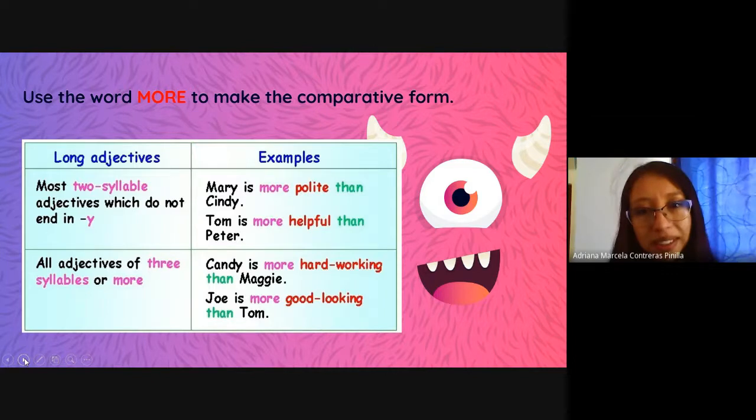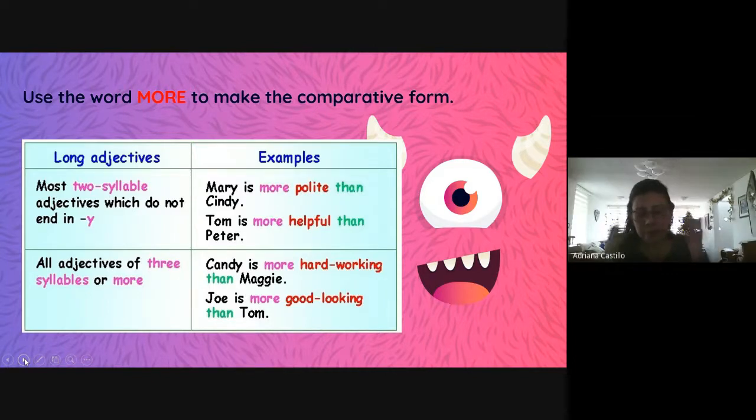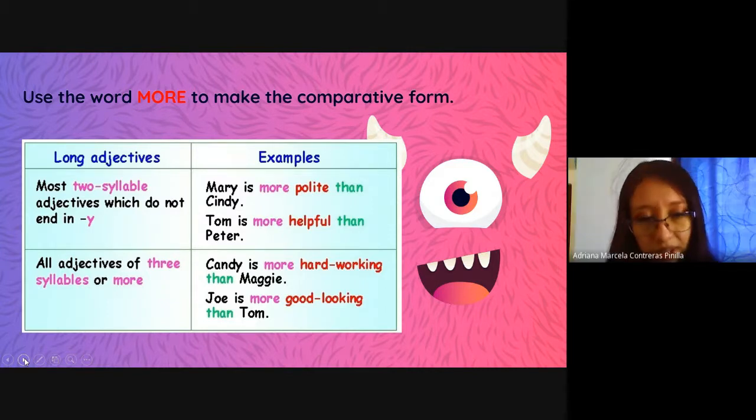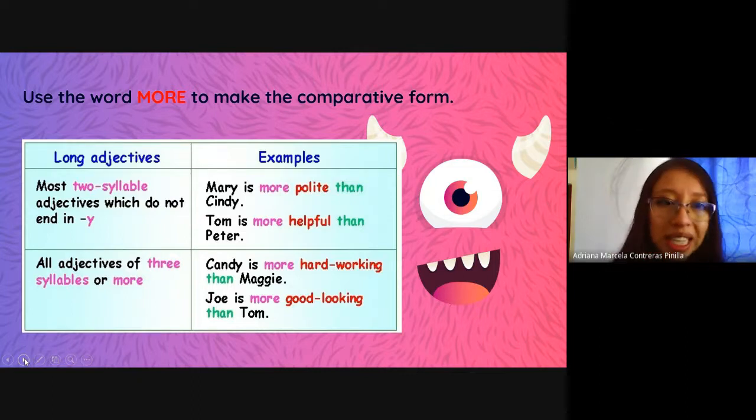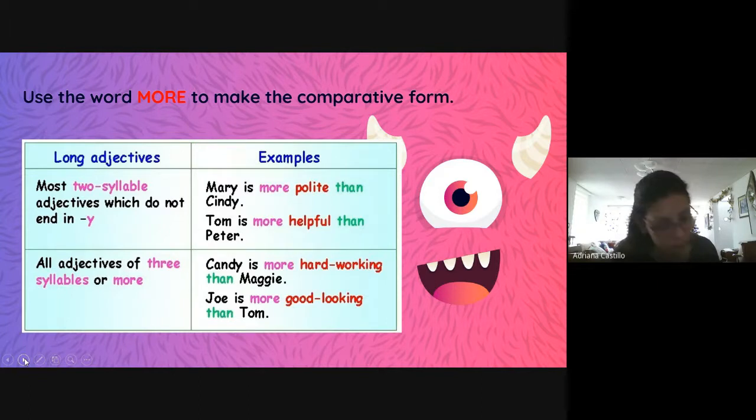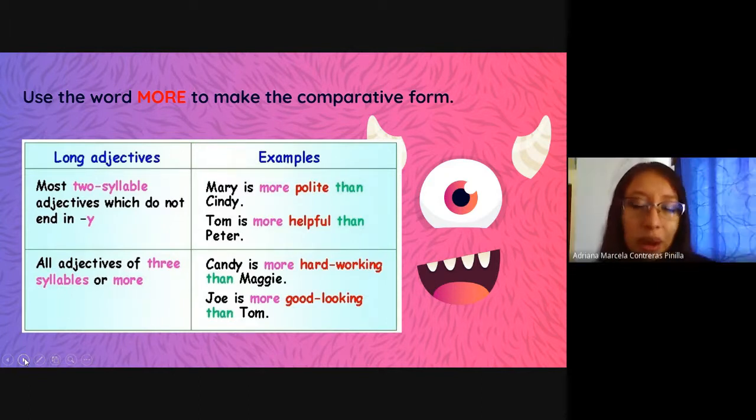Me pasaba lo mismo en el colegio, me los explicaban en inglés y trataba de entender el tema.